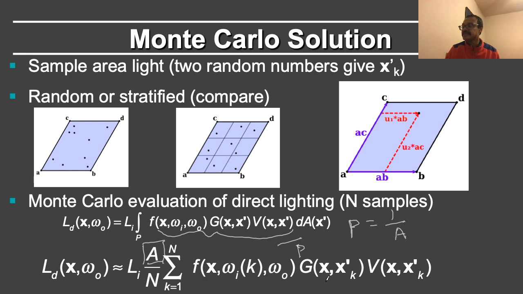Otherwise, the term inside the summation or the estimator is simply the BRDF times geometry times visibility, which is directly taken from the original integral.